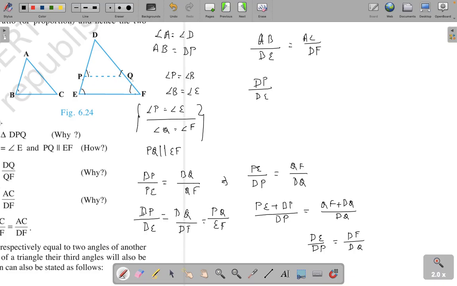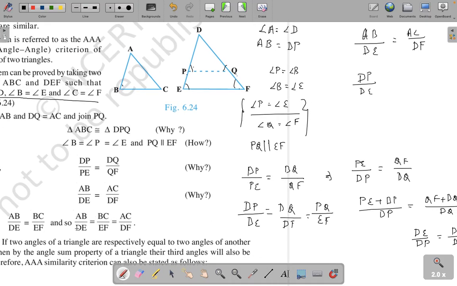And then you can write, but we know that dP equals AB, dQ equals AC, and PQ equals BC, CPCT. Right? So you can just replace it. So AB upon DE equals BC upon EF equals AC upon DF, right?